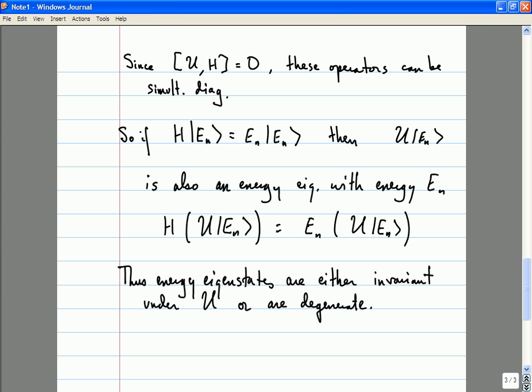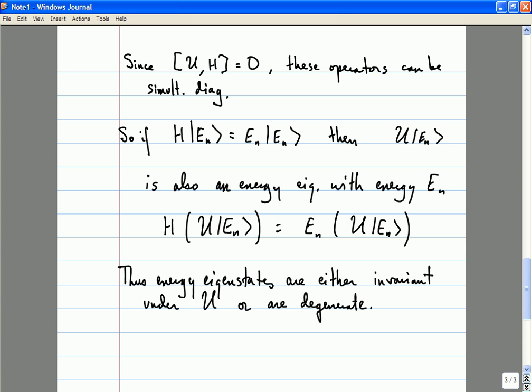One is that U times En is just En, in which case your energy eigenstates are invariant under your symmetry. Or U times En is a new state with the same energy eigenvalue, so that you have some degeneracy. So the typical signature of a symmetry is the appearance of degenerate energy eigenstates.